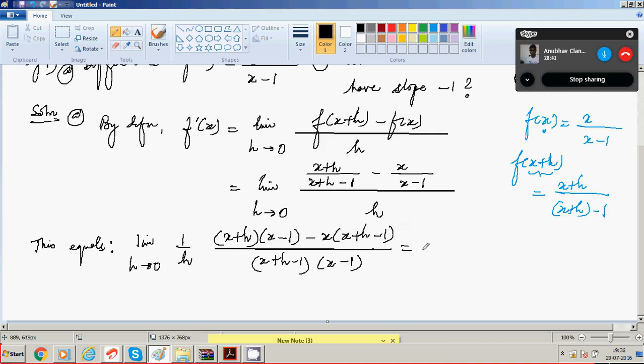So this then equals limit h tending to 0. On simplification, h minus h, hence x plus h minus 1, hence x minus 1.